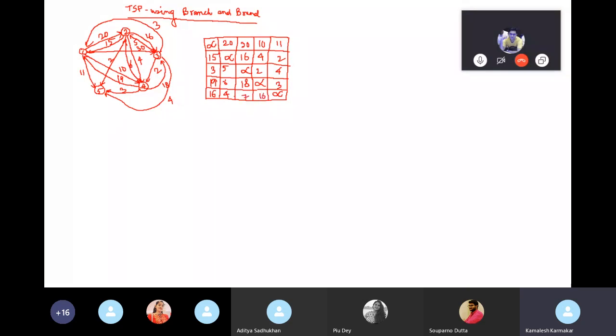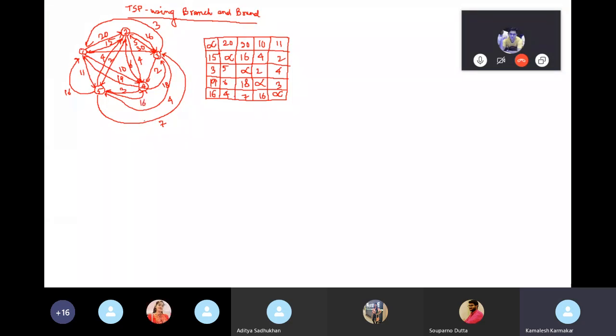And from vertex 5, it's 16, 4, 7 and 16. So 5 to 1 is 16. 5 to vertex 2 is 4. 5 to vertex 3 is 7, and 5 to 4 is 16.